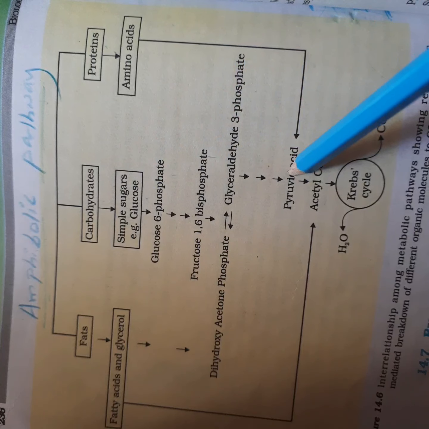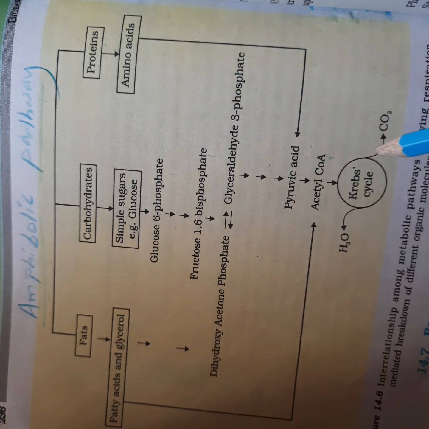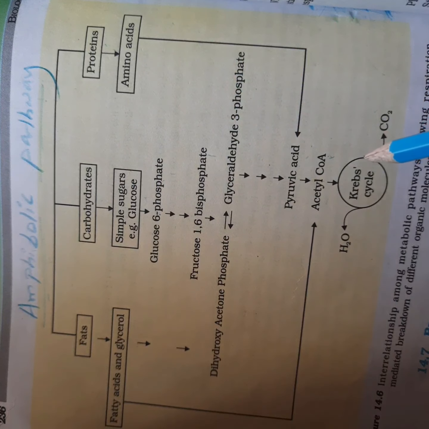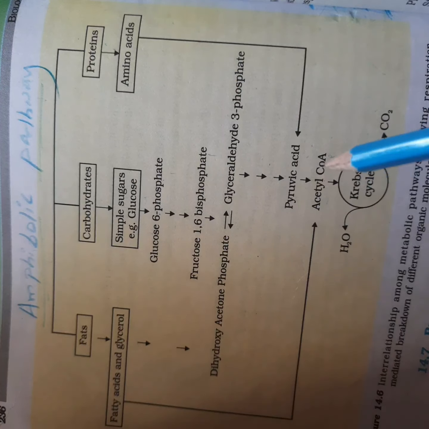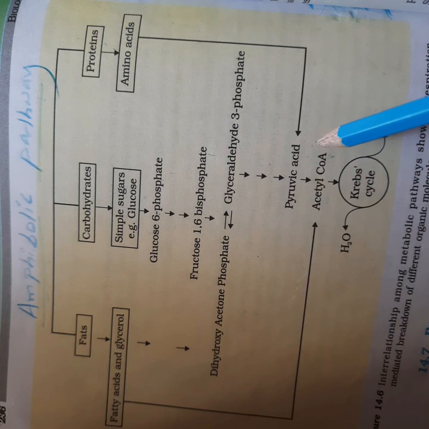But when the body needs any metabolites, the respiratory pathway suddenly undergoes one more important process, that is called the synthesis process, or you can also call it an anabolic process.